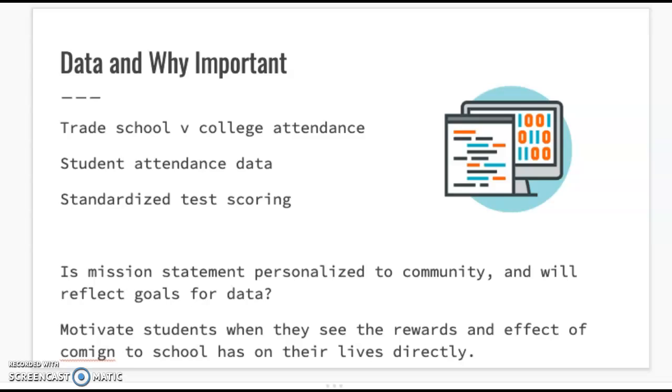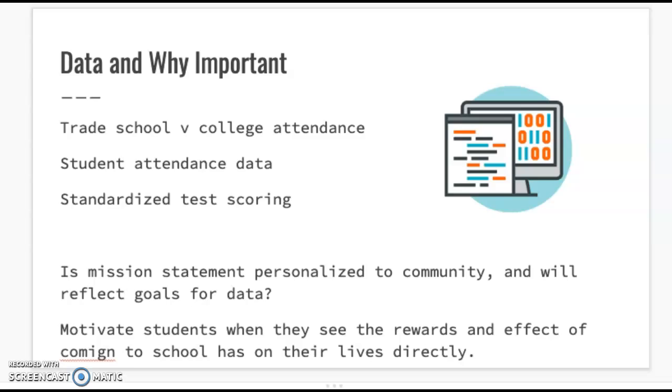A lot of the students knew that they were going to graduate and go on to a trade school, so they didn't really think that it was important to attend certain classes, or certainly not to take standardized testing. So I think monitoring trade school versus college attendance needs student attendance data, standardized test scoring is super important.